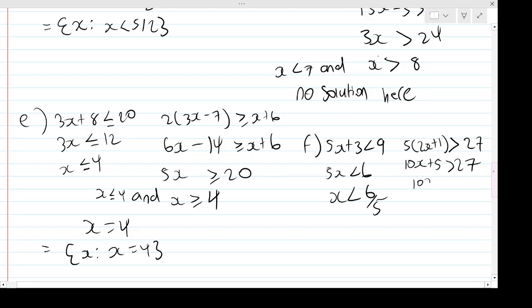Then 10x, if we move 5 to the other side, is greater than 22. So x is greater than 22 over 10, which simplifies to 11 over 5. And 11 over 5 is 2.2, though you don't need to know that.